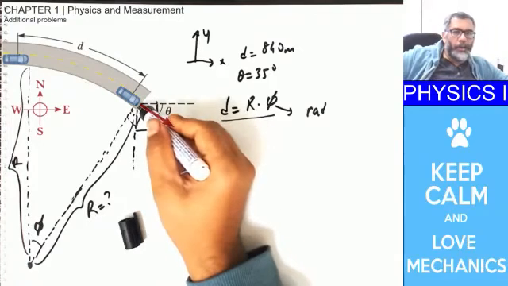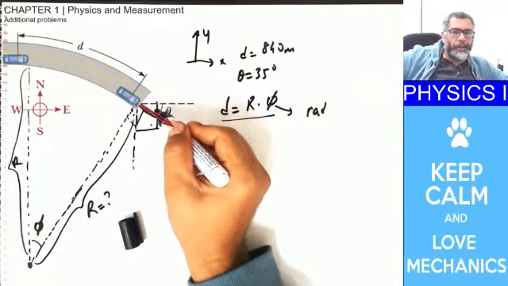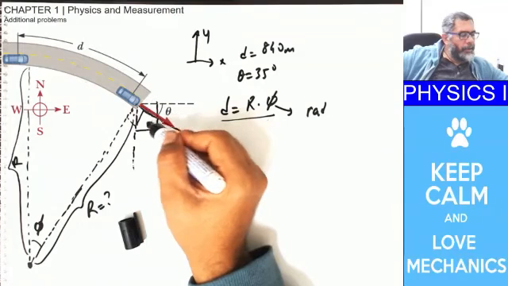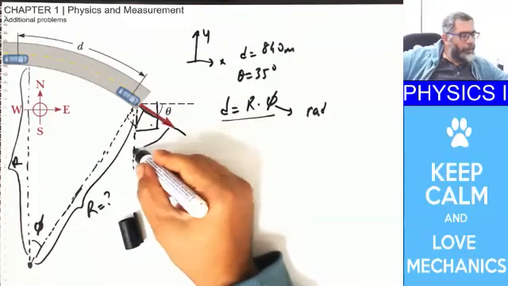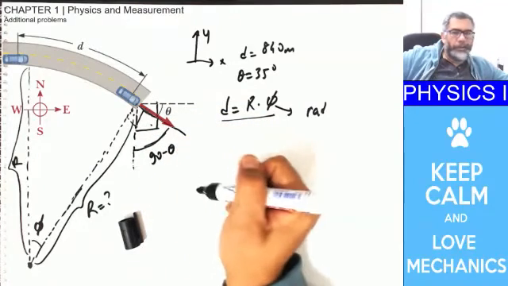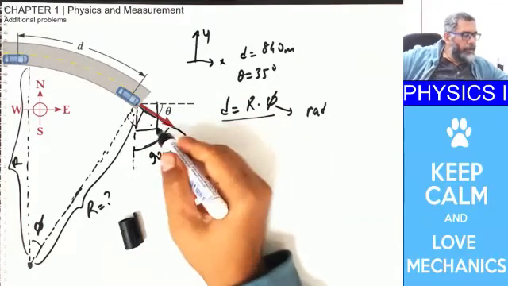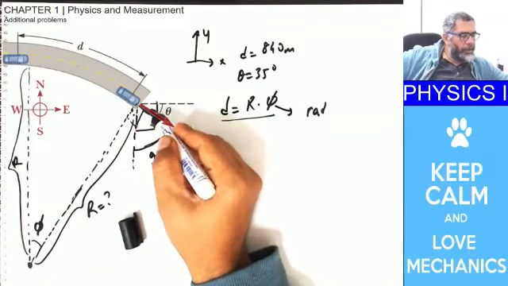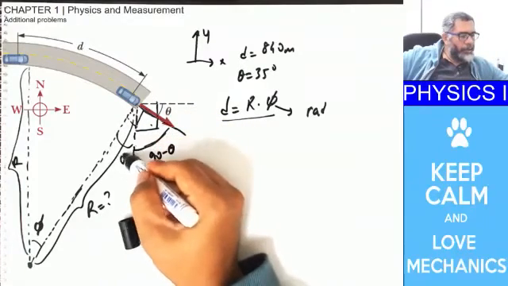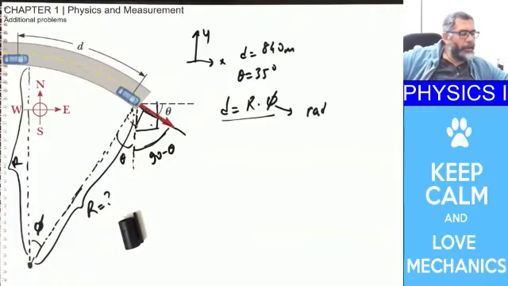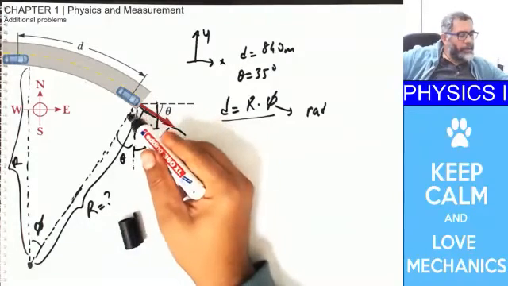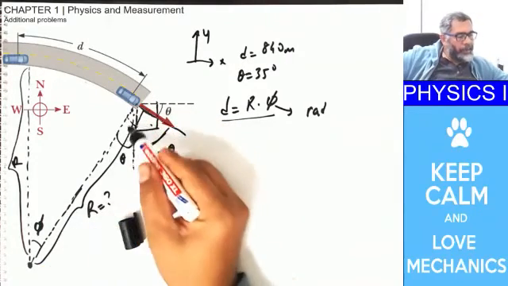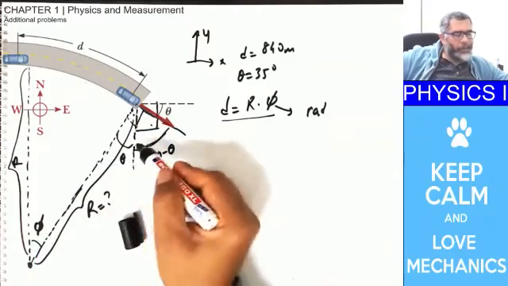Okay. So if this angle is theta, this angle is going to be 90 minus theta, right? But if this angle is 90 minus theta and this angle is 90 degrees, this angle should be theta. If this is theta, this angle and this angle are alternate angles.